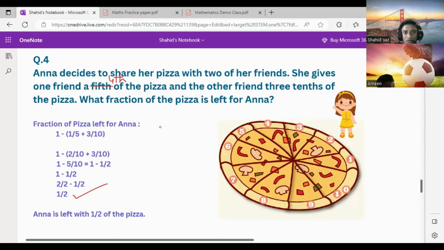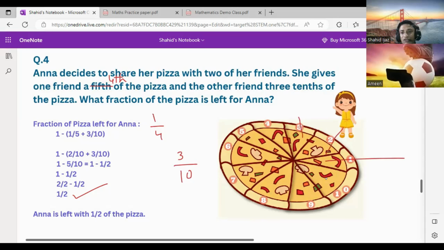It's like 1/4, 1 over 4. It means 1 out of 4. And 3/10 means 3 pieces out of 10 pieces. A pizza has 10 pieces like this: 1, 2, 3, 4, 5, 6, 7, 8, 9, and this is the 10th.